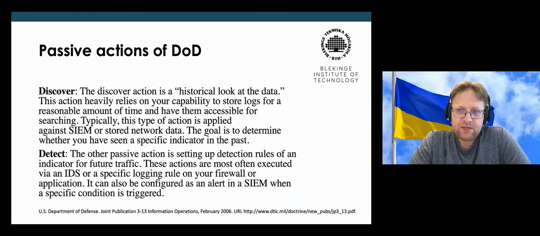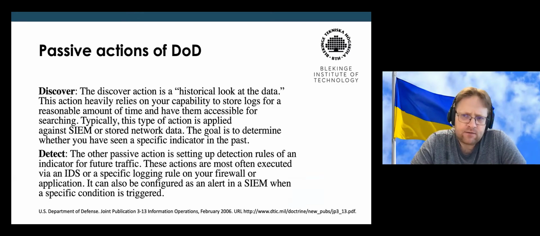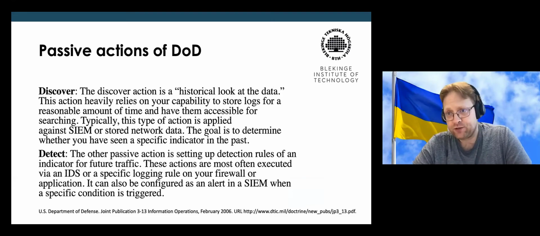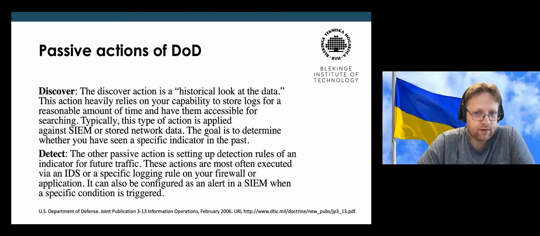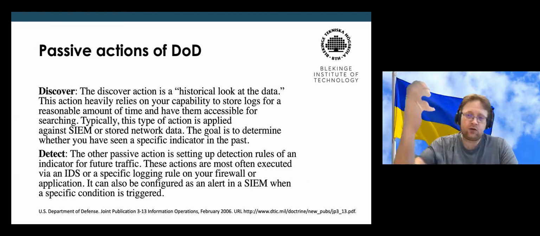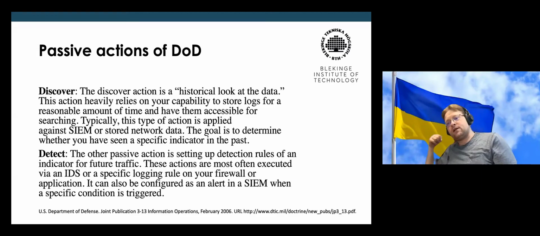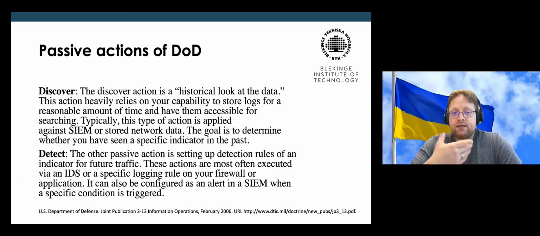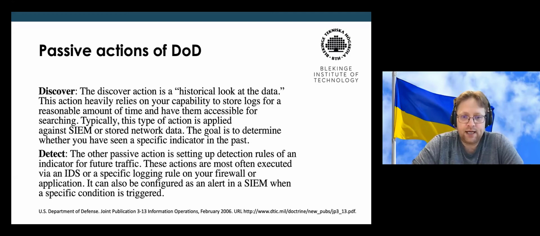We have two passive actions during our cyber risk treatment. We have discover, as the action of a historical look at the data when we get an indicator of compromise, taken in the perspective of the databases. All right. And we have detect, to detect. Yep, that's with our SIEM or IDS, also passive actions.